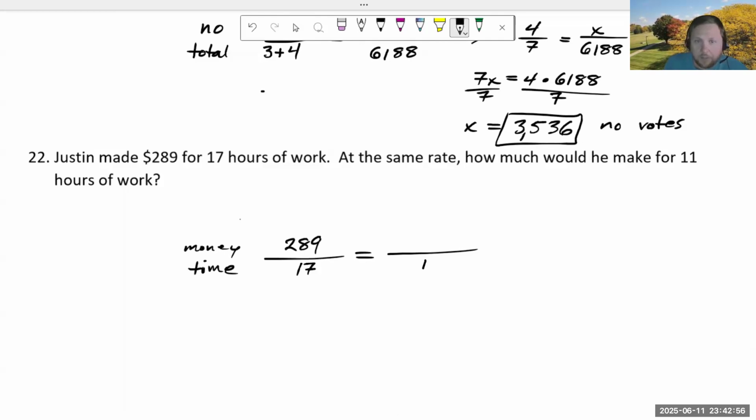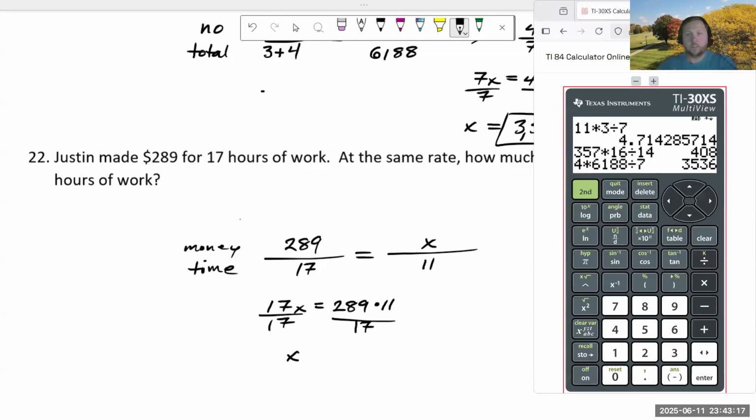And then we have 11 hours, and we're trying to figure out how much money he's making. So cross multiply, so 17x equals 289 times 11. Divide both sides by 17. So I get $187.